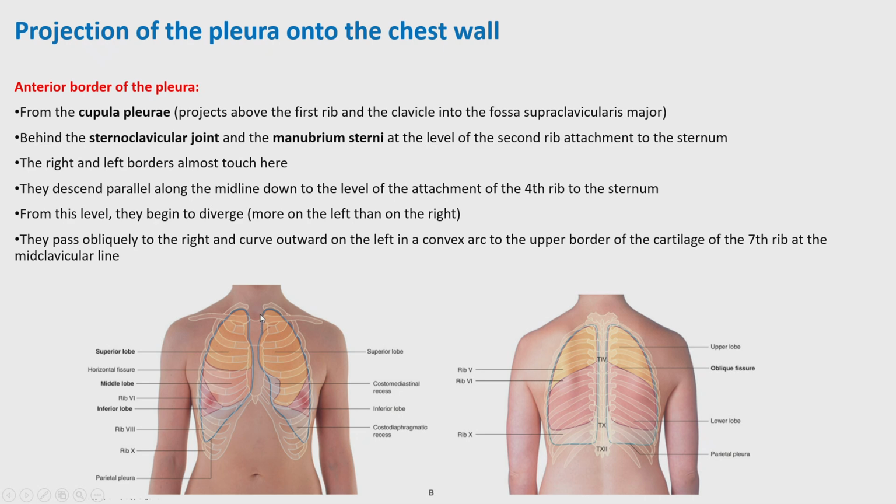Between these anterior outlines of the pleura, you have two spaces here. One space is superior and one space is inferior. Do you know what this space is for?